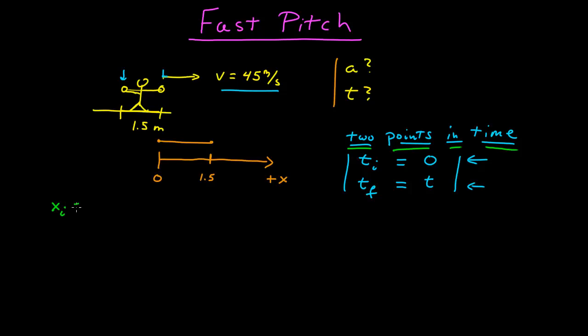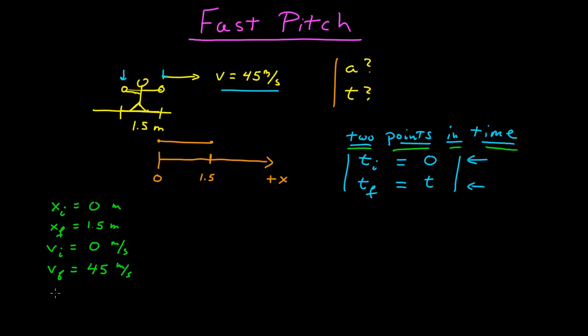So my initial position is, as I've defined it given my coordinate system, 0. My final position is known, given in the problem: 1.5 meters. My initial velocity is known, it starts from rest, so that's 0 meters per second. My final velocity is also known, it's 45 meters per second.